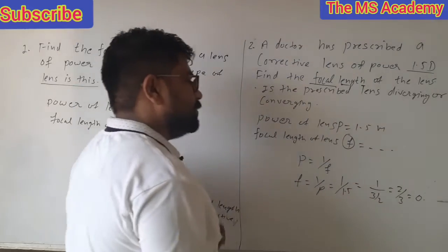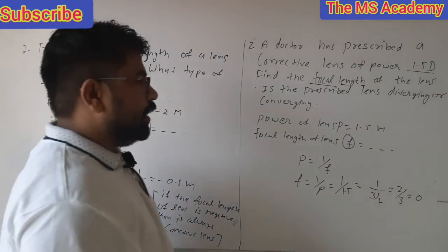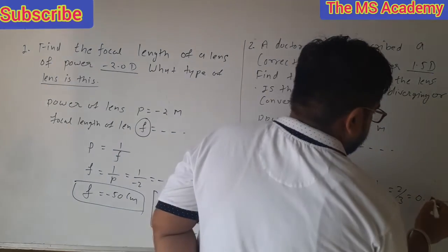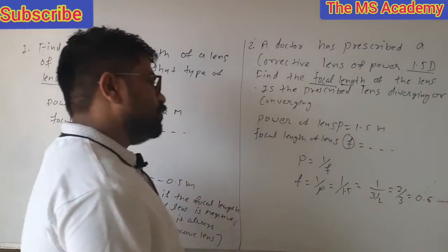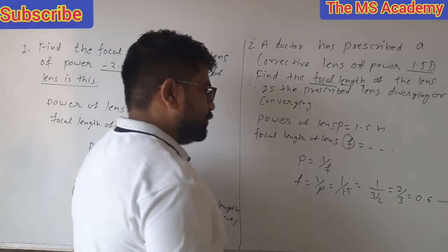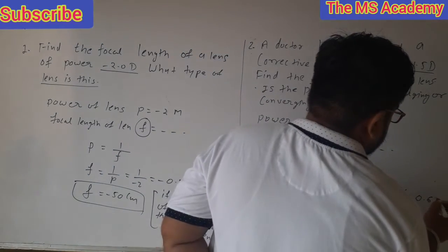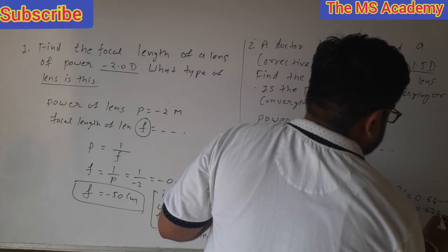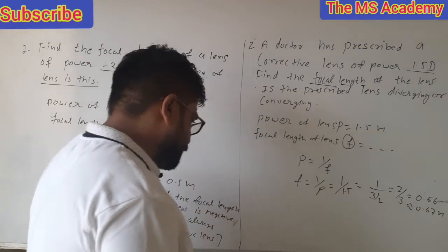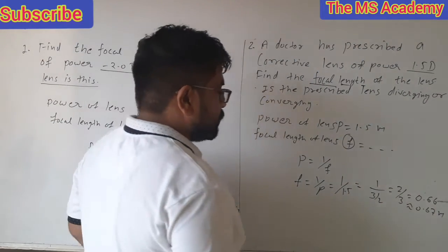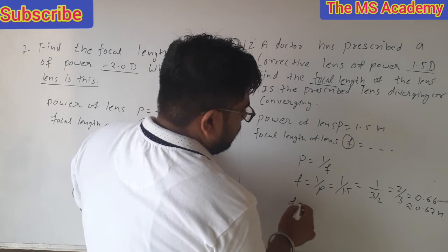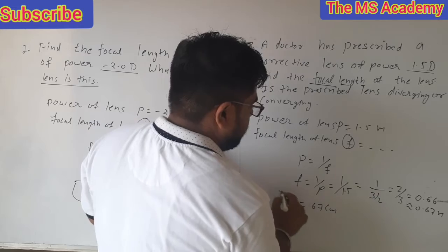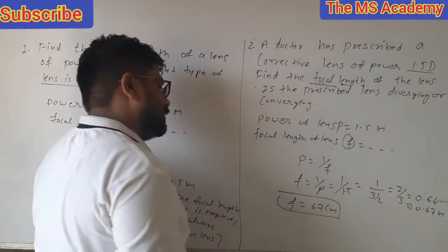What do we get? 0.66, which is about 0.67 meter. Okay, so we convert it into centimeter. So 67 centimeter is the focal length of the lens.